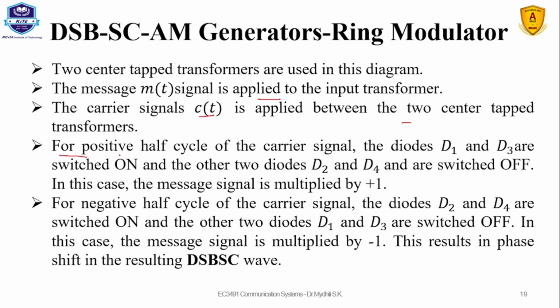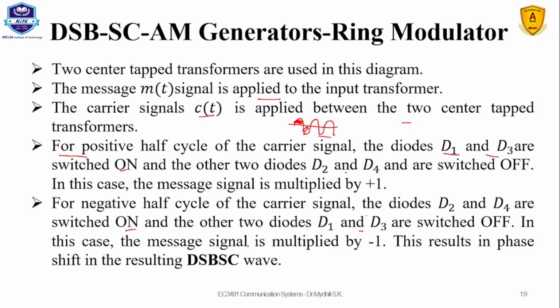For a positive half cycle, we know the message signal will be a sinusoidal signal. For this positive half cycle, diodes D1 and D3 are in the on state, whereas D2 and D4 are in the off state. For the reverse case, it is the reverse process: D2 and D4 are on and D1 and D3 are off.